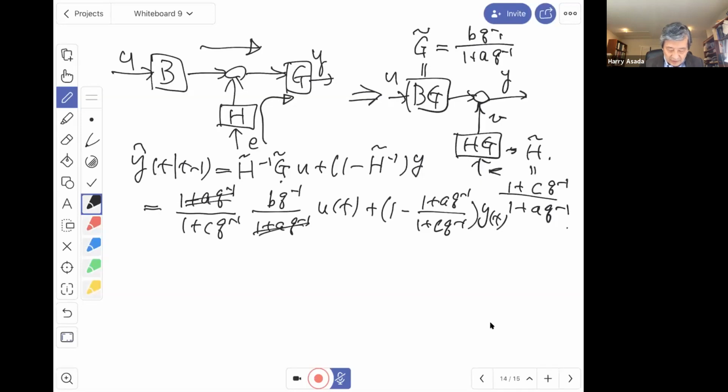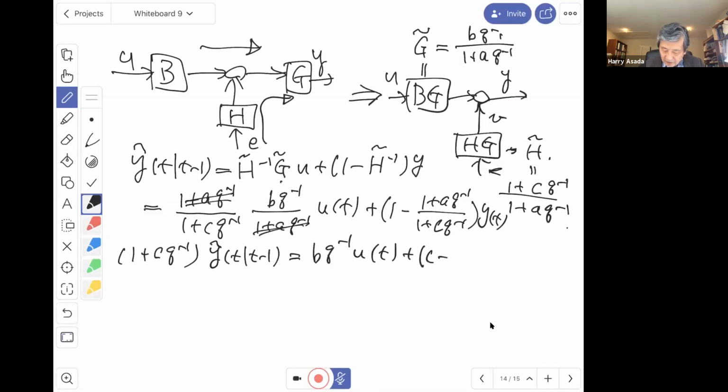So let's multiply by 1 plus cq inverse to clear the denominator: y hat t minus 1 equals bq ut plus, I think, c minus a q inverse yt.